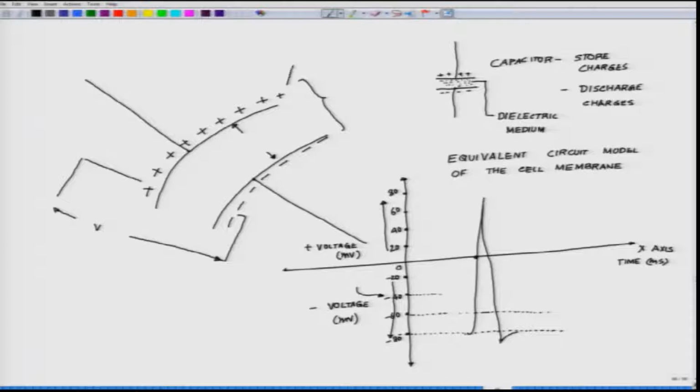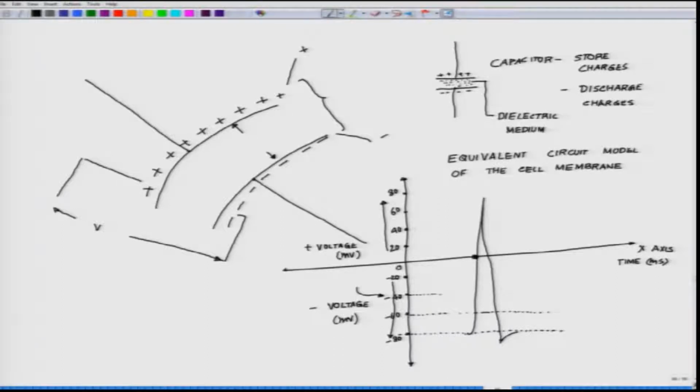One pole is the positive pole, the other is the negative pole. That is why the cells are considered polar objects. So, these polar objects all of a sudden get depolarized. This is the depolarized state where all of a sudden their polarization is being removed.